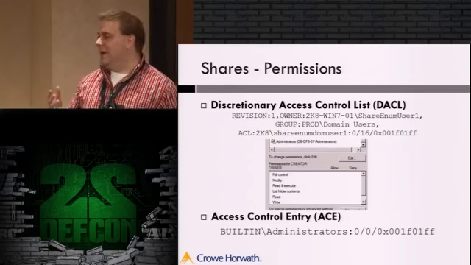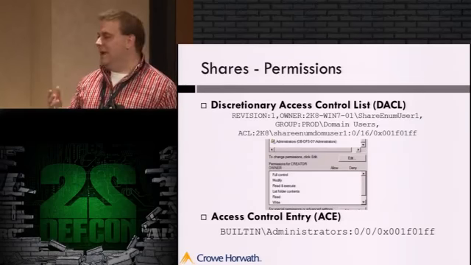The second number after the slash is basically flags that are on this ACE. The ones you see the most and the ones that are really only relevant to what we're doing here are: are we inheriting this from above? Are we forcing a propagation down? Those sort of settings. And then finally, we have the access mask. And the access mask is a 32-bit mask that we use for all of the various settings.